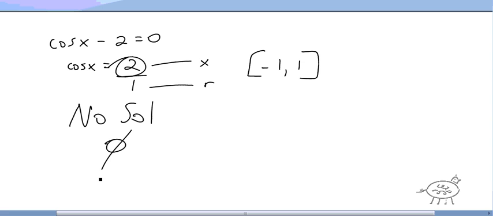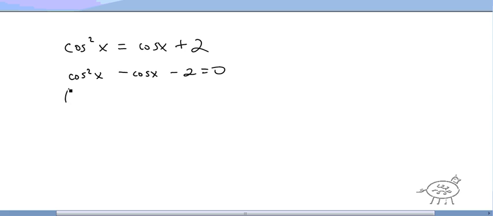All right? Make sense? So I know I said one last one, but now we have one last one. So here's one. If I said cosine squared of x equals cosine of x plus 2. Okay, you can move everything over. Cosine squared of x minus cosine of x minus 2 equals 0.